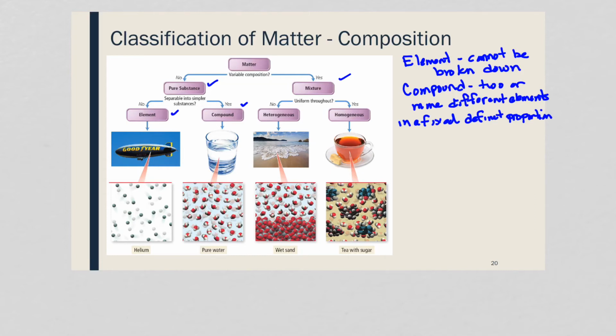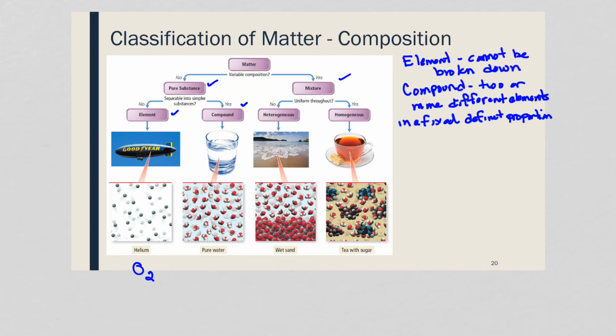So this goes back to what we were talking about a little bit ago, where I brought up the definition of a molecule, right? Remember, a molecule was just two or more atoms chemically bound to one another in a specific shape. Well, a compound specifically has to have two or more different elements, right? So, for example, oxygen exists as O2 gas, right?